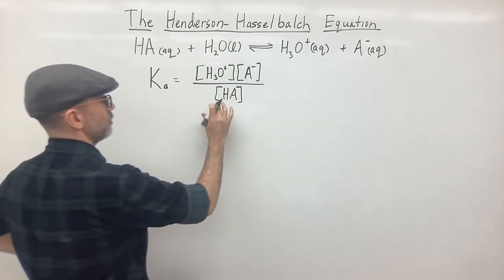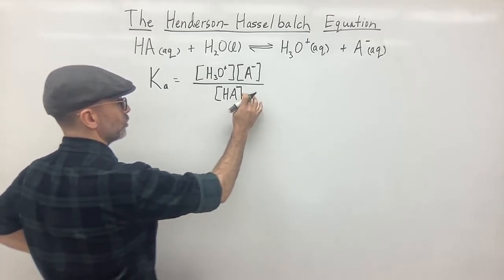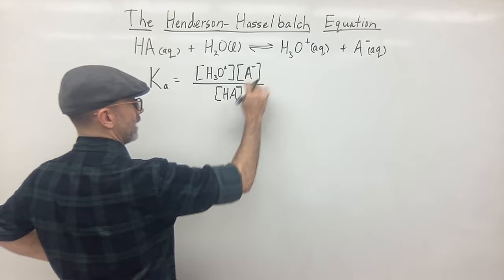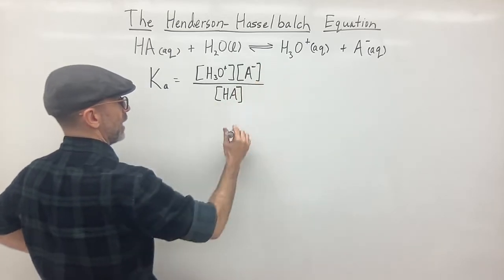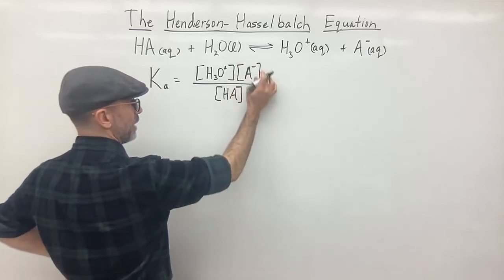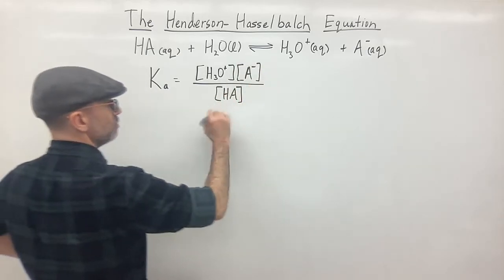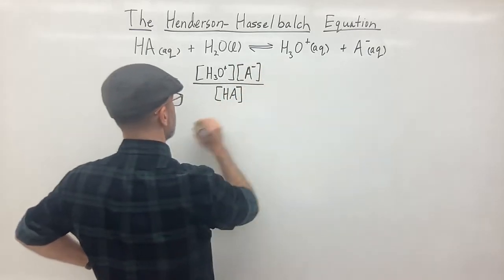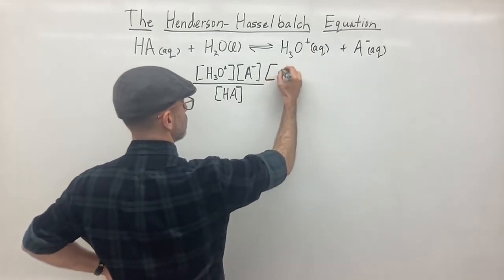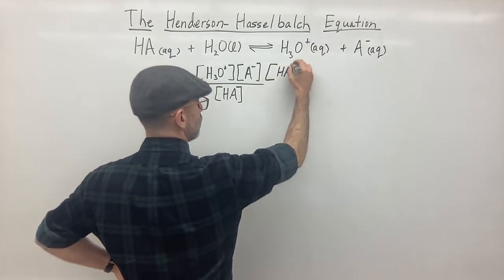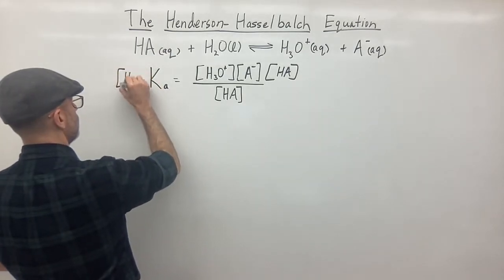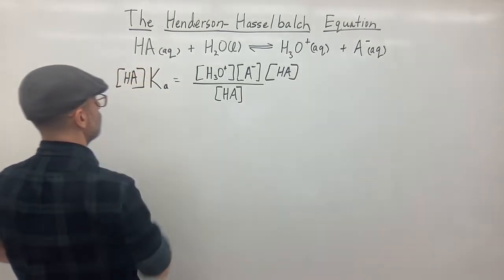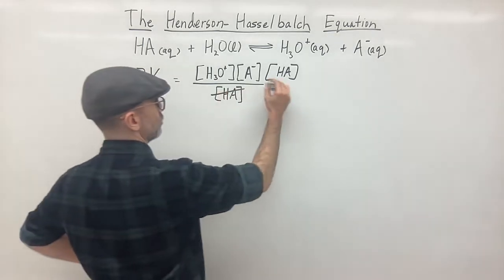So basically what we would need to do is multiply both sides by HA and then divide both sides by A minus. So if I take my equation, if I multiply both sides by HA, right? So then this gets multiplied by HA. So then this cancels out.